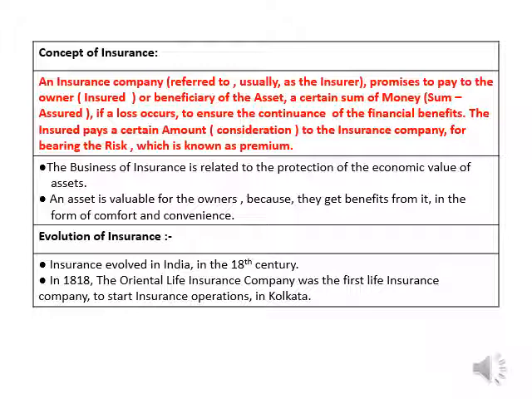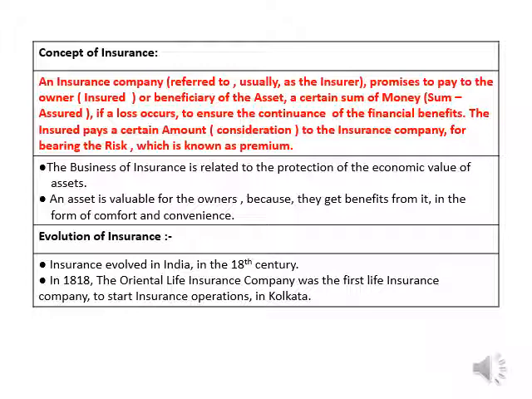The insurance company, what is an insurance company? It is normally referred to as an insurer. There is an insurer, there is an insured. Maybe people are also calling assured. Normally, this word is used in life insurance, but even in general, like New India Assurance Company. So the insurer promises to pay to the owner, the insured, or a beneficiary of the asset a certain amount of money if the loss occurs, to ensure the continuance of the financial benefits.